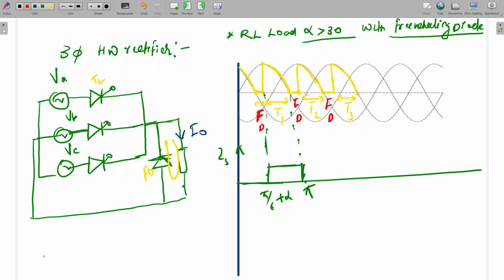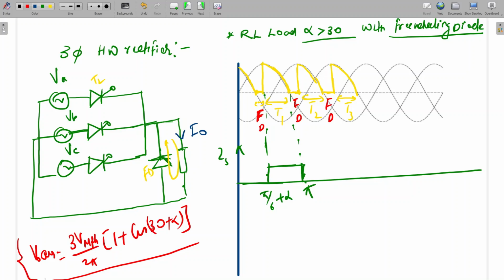Already we have derived. VO average will be 3 Vm phase divided by 2 pi into 1 plus cos 30 plus alpha. This only was there. Average voltage. Already we have derived it for the resistive load case. Same kind of waveform was there. Is it clear? Yes, sir. Okay.